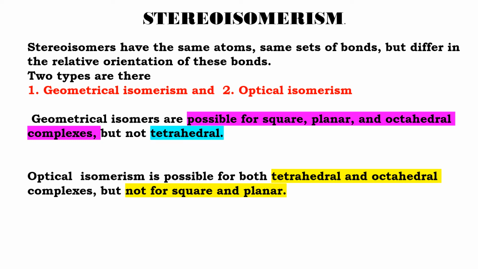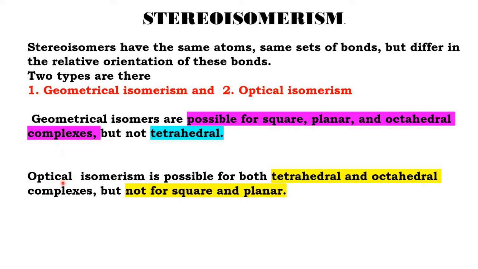Geometrical isomerism is only exhibited by square planar complexes and octahedral complexes. That means tetrahedral complexes never exhibit geometrical isomerism. So in coordination compounds, only square planar and octahedral complexes exhibit geometrical isomerism.